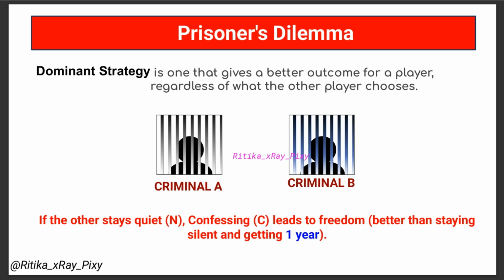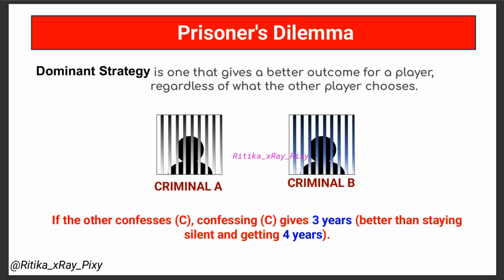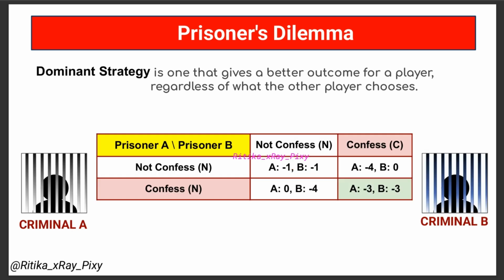So here confessing leads to freedom, that is better than staying silent. Second case, of these two prisoners, one confesses. If the second prisoner does not confess, he will be sent to prison for 4 years. So here confessing is a better option than staying silent. So here you can see confess is the dominant strategy for both players.